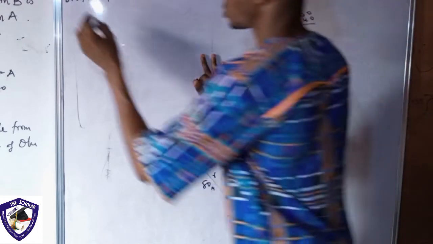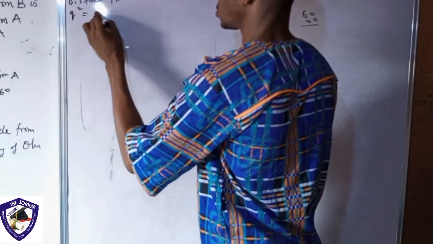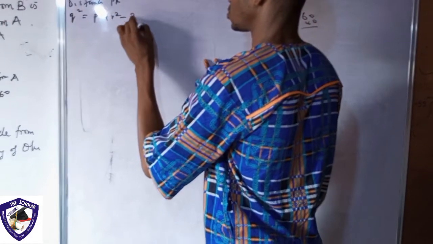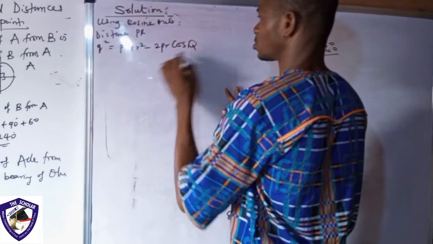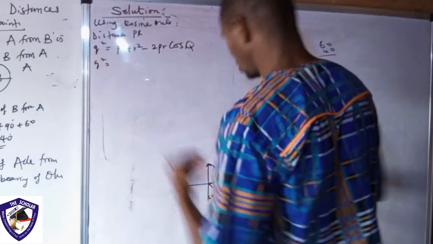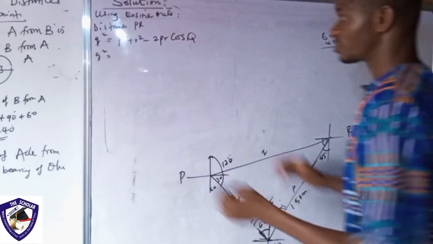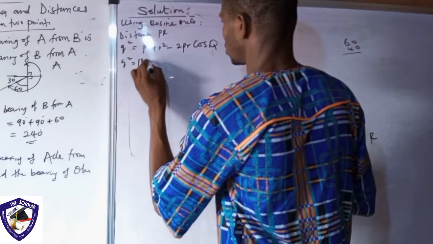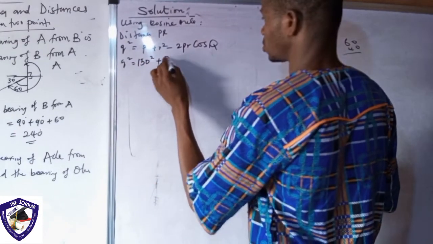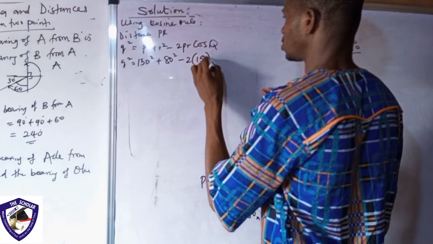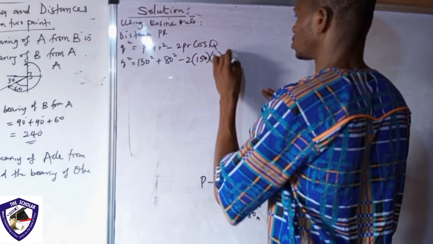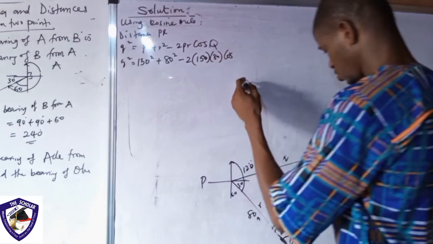So we have q squared is equals to p squared plus r squared minus 2pr cos Q. That is q squared is equals to 150 squared plus 80 squared minus 2 into 150 into 80 cos 105.